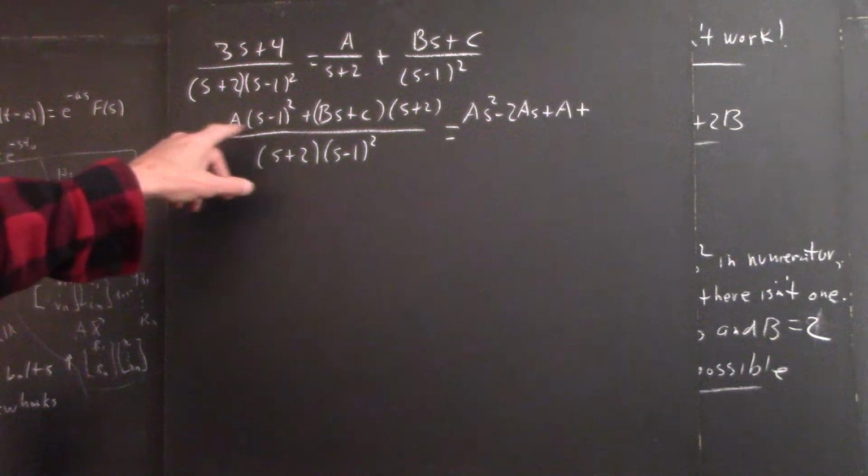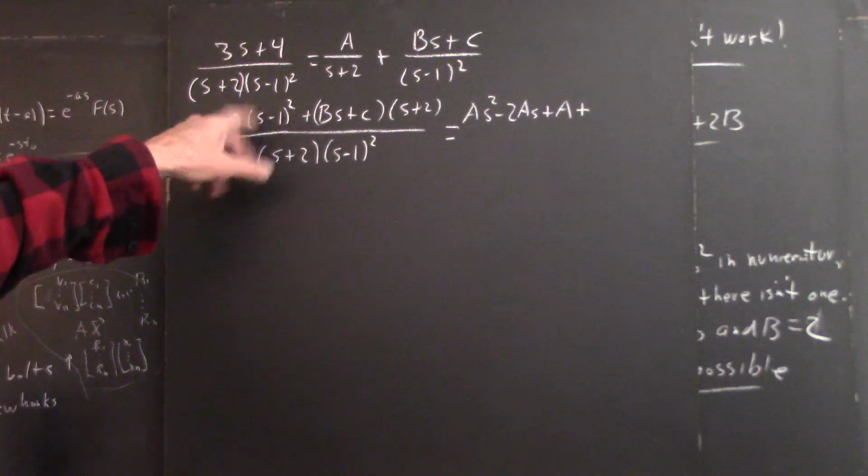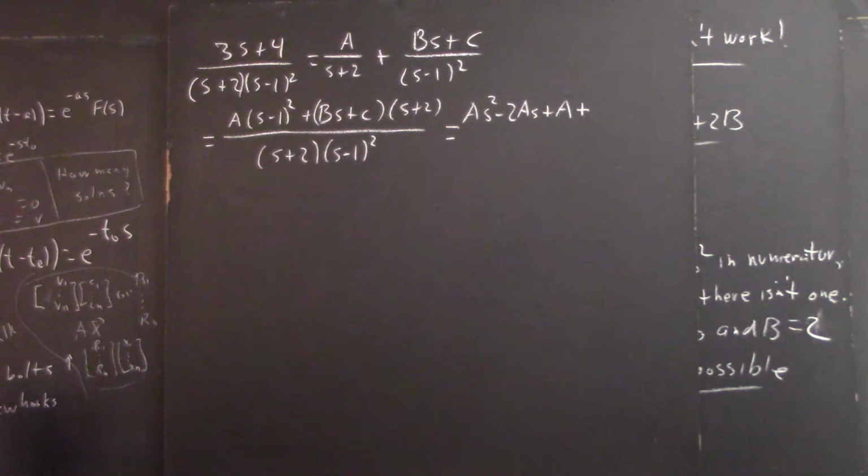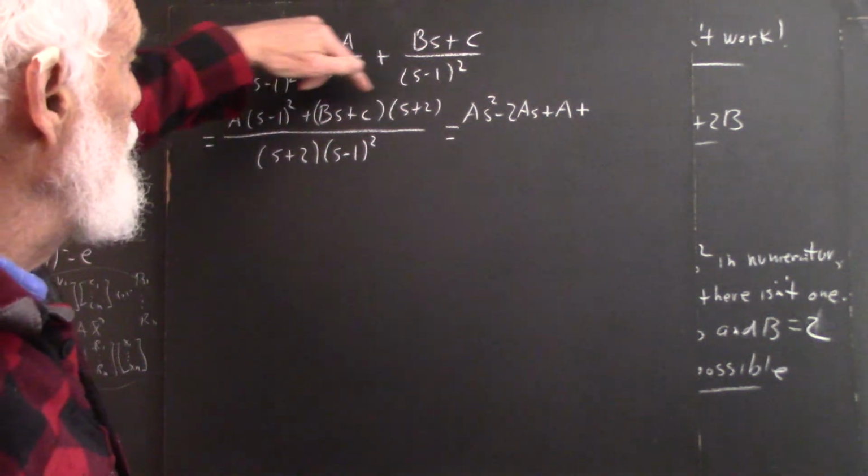And squaring the S minus 1 and multiplying by A, we get this just as we did before. But then we're going to have what? BS squared.